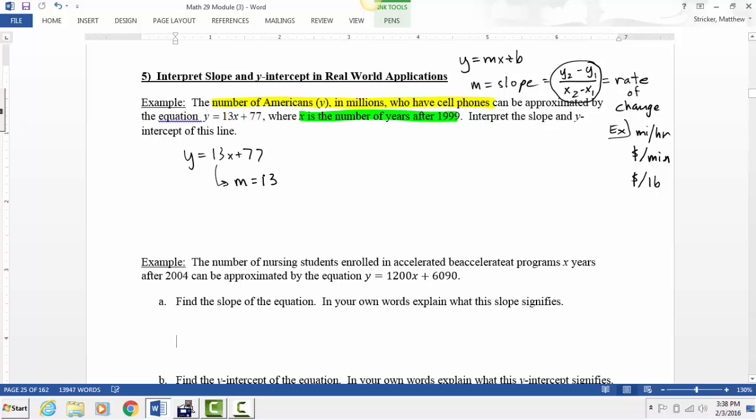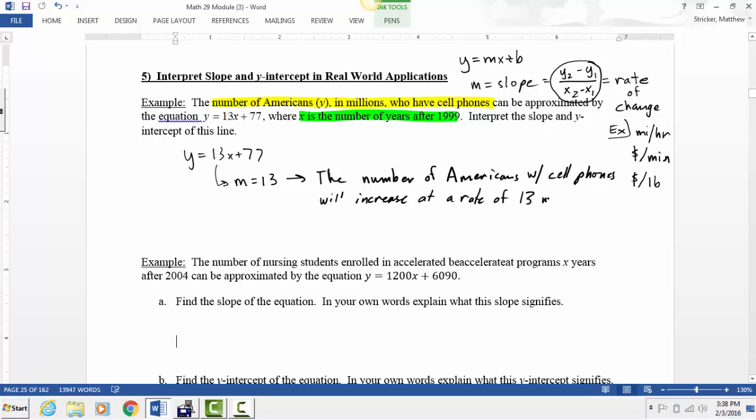So this is basically saying that we can expect the number of Americans with cell phones will increase at a rate of 13 million, remember it's in millions, 13 million per year. It's a rate, see, something per something. This is millions of people per year.